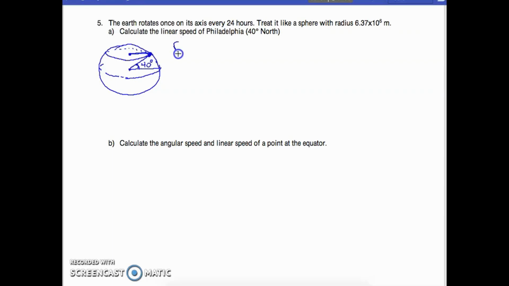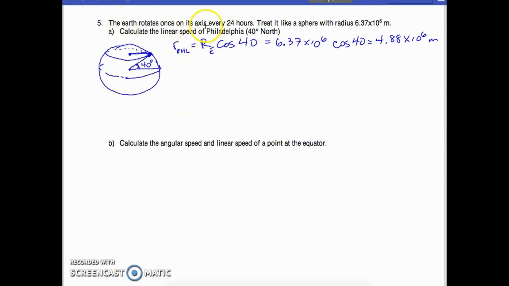So radius of Philadelphia is going to be the radius of the Earth times cosine of 40 degrees. So that will be 6.37 times 10 to the 6th times cosine of 40. And that gets us 4.88 times 10 to the 6th meters.